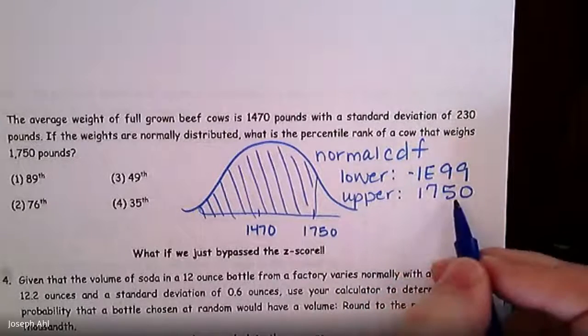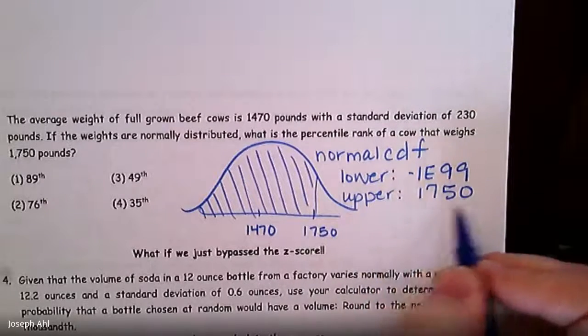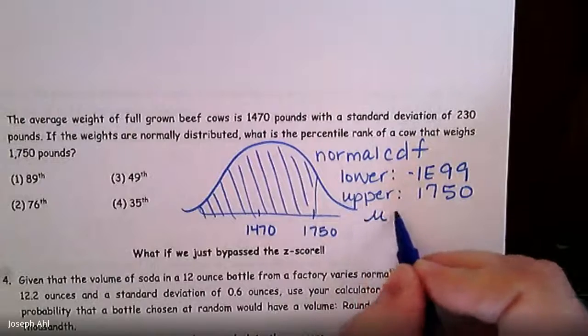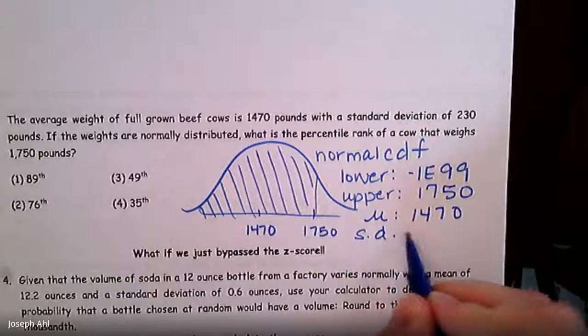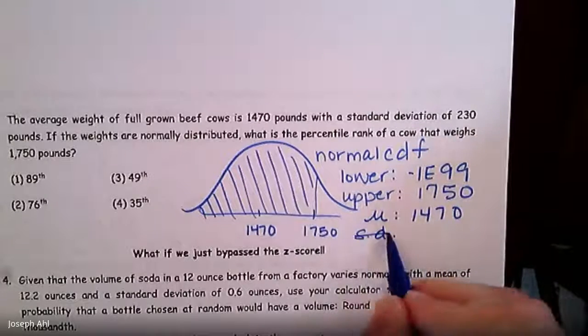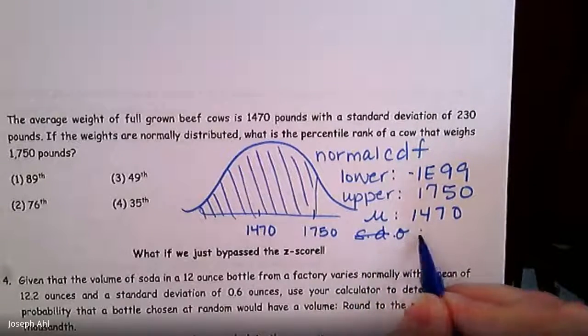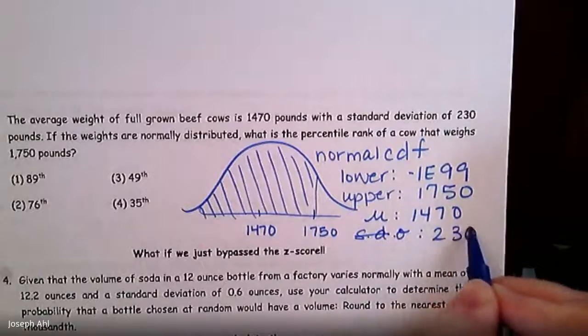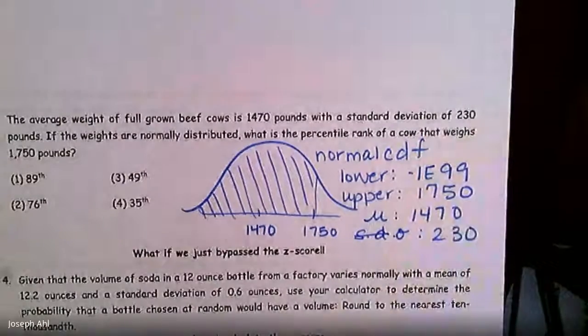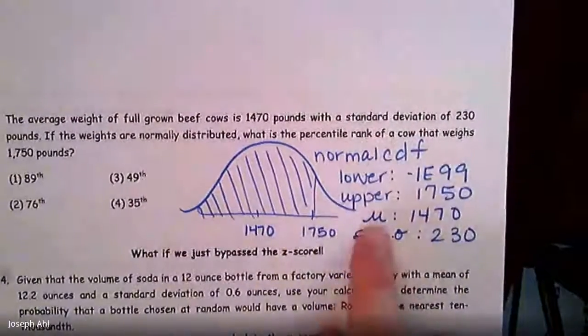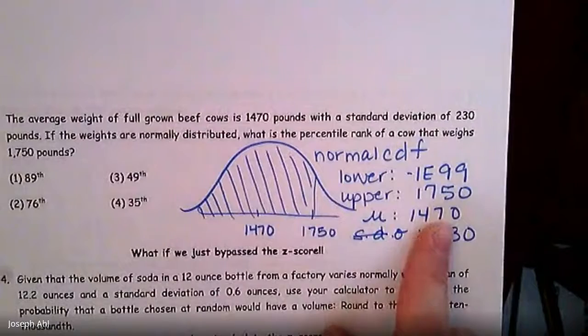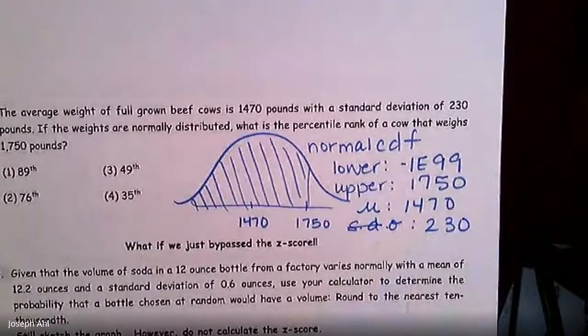And if I use this as my upper bound, then I have to use the mean and standard deviation that are given. So the mean would be 1,470. And the standard deviation, sorry, that's going to be sigma on the calculator, is 230. If you wanted to convert this to a z-score, you could do that. Then, as you should have seen in the notes, the mean becomes 0 and the standard deviation is 1 in that case.